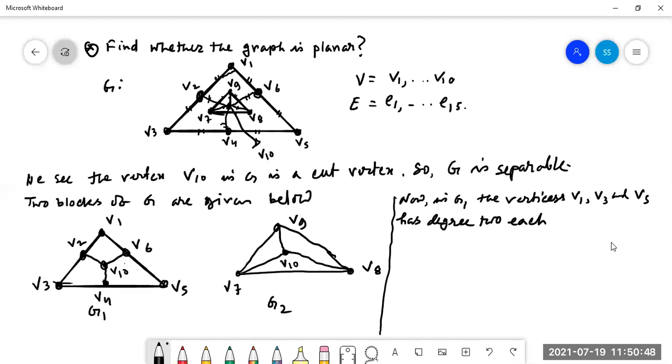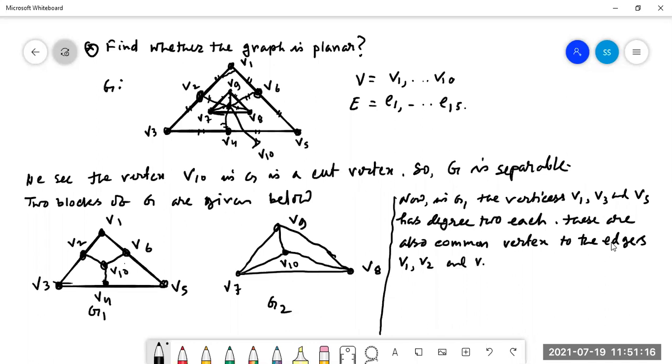These are also common vertices to the edges V1, V2 and V1, V6, etc.